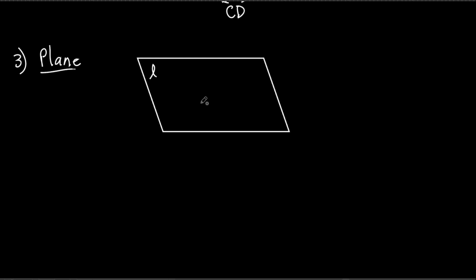Here's another way that you could name a plane. What you could do is name a plane with 3 points that are in the plane. This represents the surface I'm on right here. Now remember, when I say the desk represents a plane, it's not actually a plane, because a plane is made up of a bunch of lines.